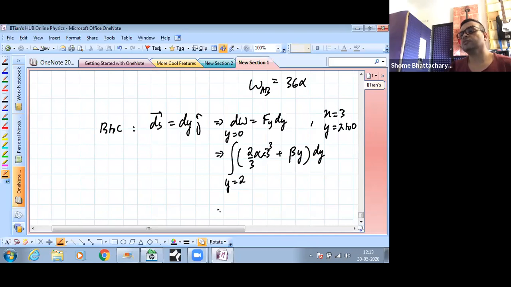So the first term would have given us minus of 36 alpha. And the second term would have given us minus 2 beta.